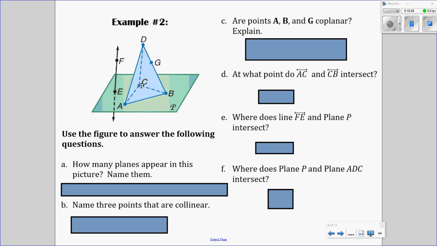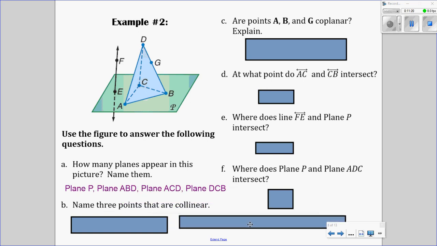Remember what I said in the beginning of the lesson, how if you look at a cityscape and you look at a building, each surface of that building is a plane. So treat this 3D shape the same way. Each side is considered a plane. So we have 1, this side, 2, 3, 4, and 5. So we should have 5 of them.